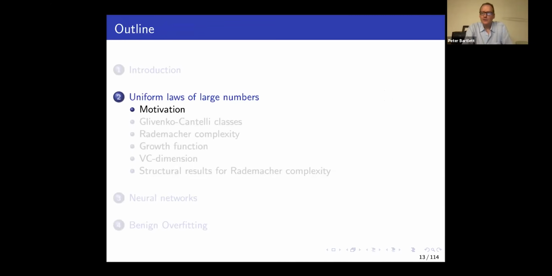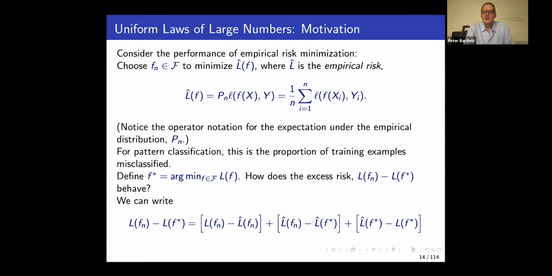Okay, so let's talk about uniform laws of large numbers. This is really an approach to answering questions of the flavor that was on that previous slide in this probabilistic setting, and we'll see how it arises. Okay, let's think about a family of prediction methods that work by optimizing a sample average as a replacement for the risk.